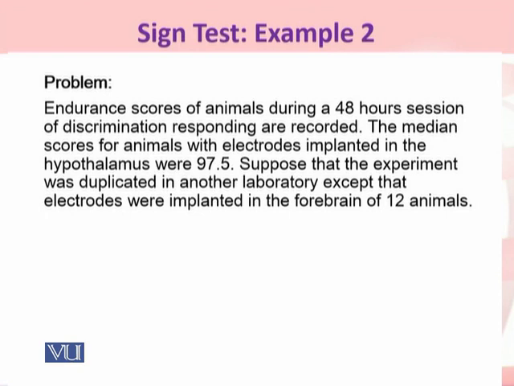The problem here is that the endurance scores of animals during a 48-hour session of discrimination responding are recorded. The median score for animals with electrodes implanted in the hypothalamus was 97.5. Suppose that the experiment was duplicated in another laboratory, except that electrodes were implanted in the forebrain of 12 animals.